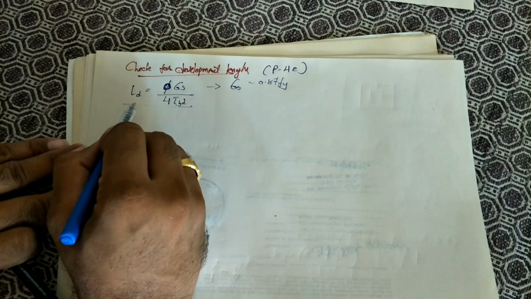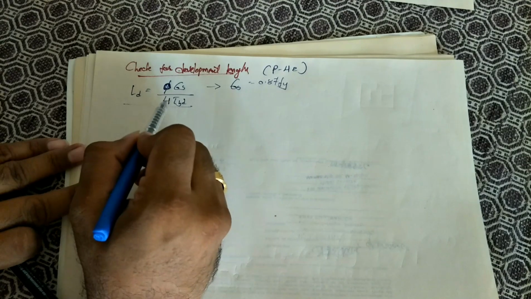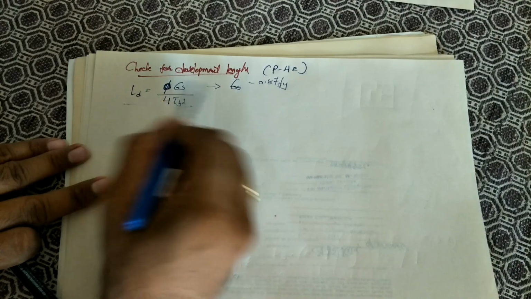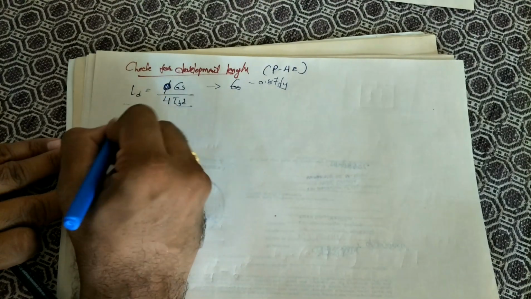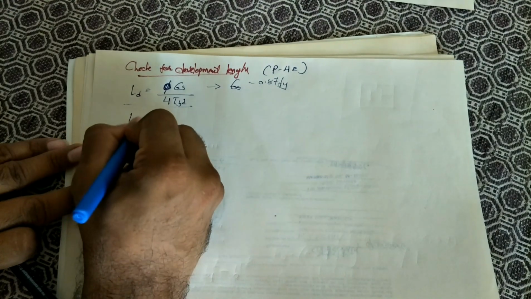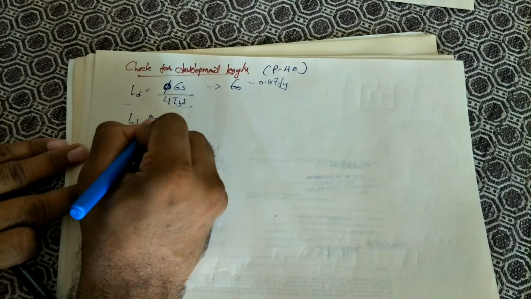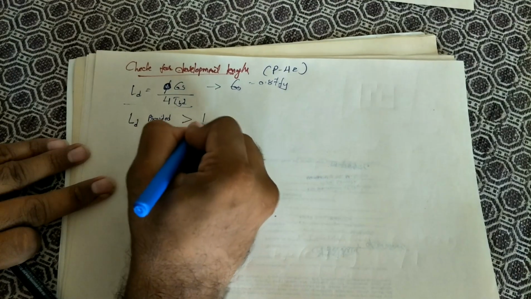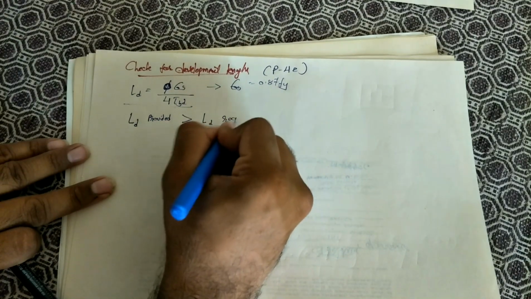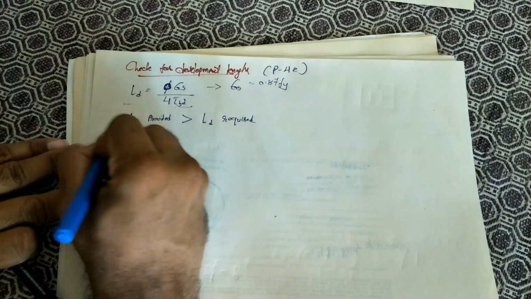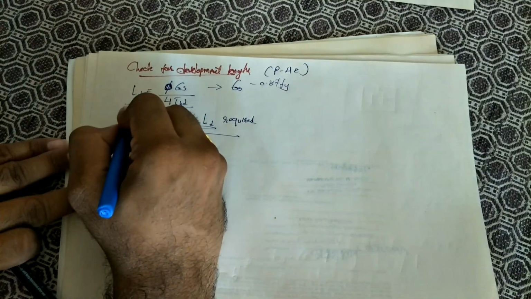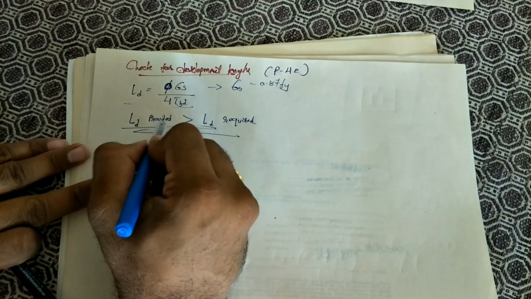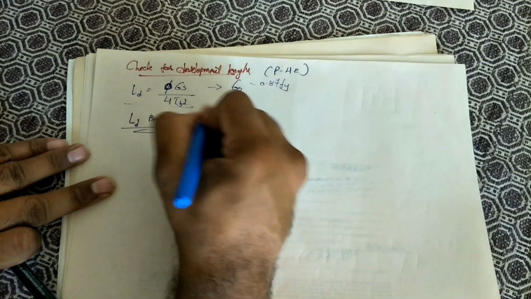So calculate the development length provided from the face of the column. So Ld provided should be greater than Ld required, and whatever you are going to provide should be greater than your required.